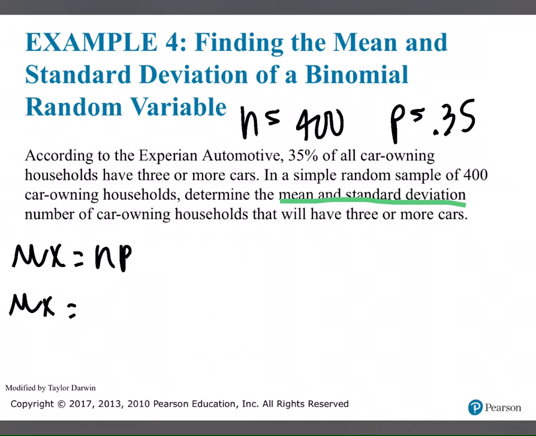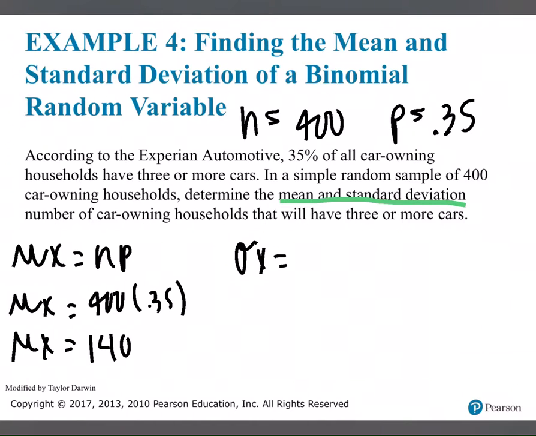So to find the mean, it's n times p. Whenever you do these in your calculator, you need to turn them into a decimal if you're given them as a percentage. And when we do this, we get 140. So on average, I could expect to find 140 households that have 3 or more cars.